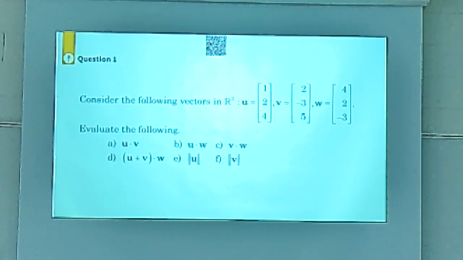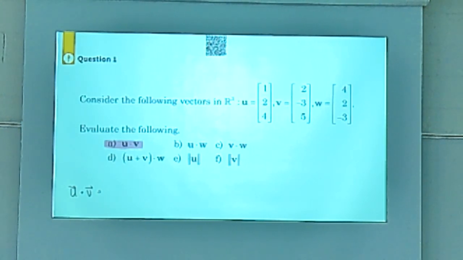So we have vectors in R3. So let's start by finding U dot V. This is the dot product, which is the standard inner product for Rn.